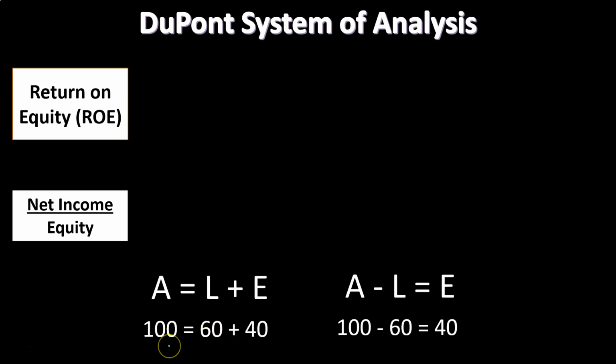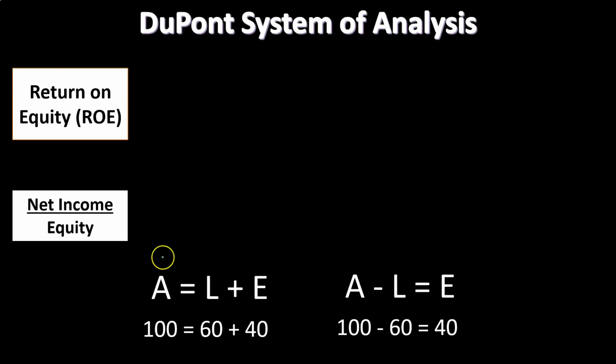We have $100 of assets, $60 is owed to the bank, and $40 is basically what was put in by the owner into equity before any revenue was generated. We could rewrite that as assets minus liabilities equals equity, and therefore if we were to take the money out and pay off the loan, then the business at this point would be worth the $40, that being the initial investment, if that's what we started the business with.